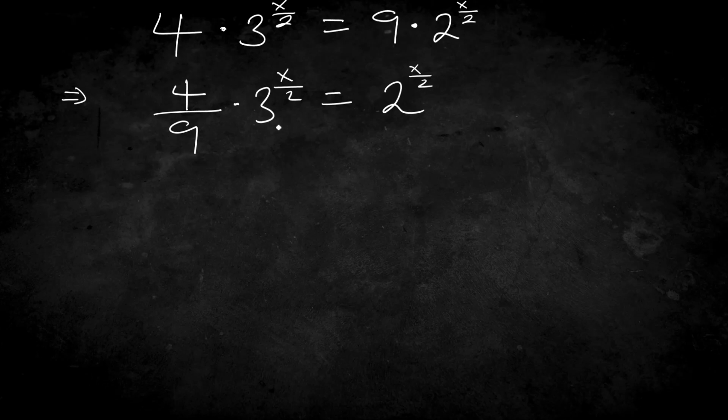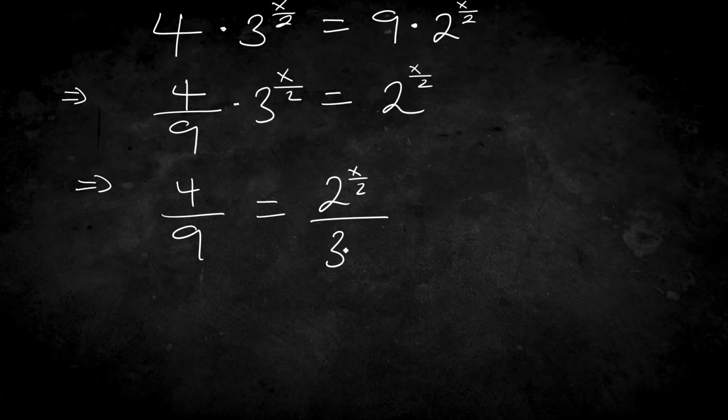So let's also divide both sides by 3 raised to x on 2. So 4 on 9 is the same as 2 raised to x on 2 on 3 raised to x on 2.